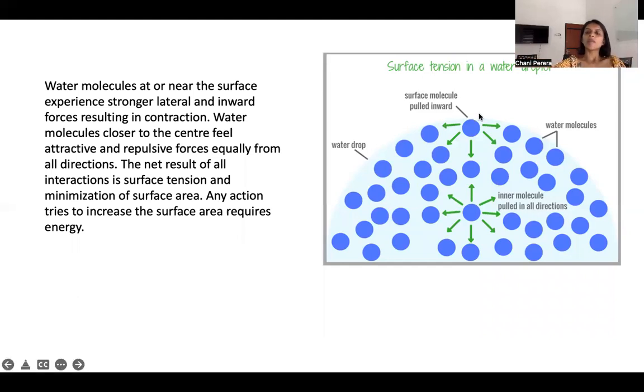But on the surface, it has lateral pull as well as inward pull. So it has this tension created on it, and this inward push is balanced by the resistance of water to compress. Therefore, what happens?